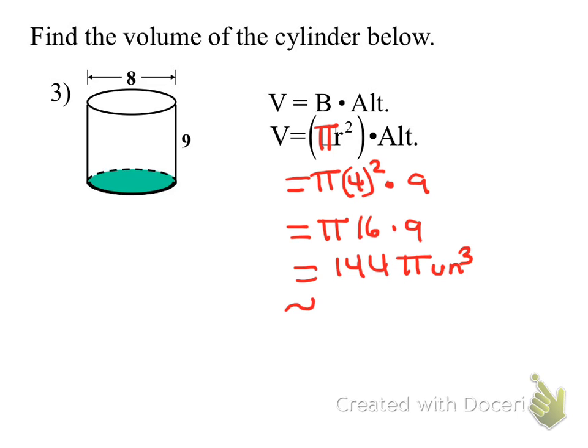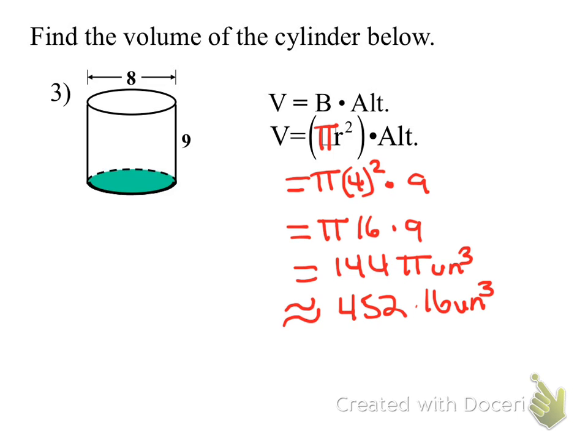If I'm doing the estimated version, what do I do? You have to multiply 144 times 3.14, and we get 452.16 cubic units.